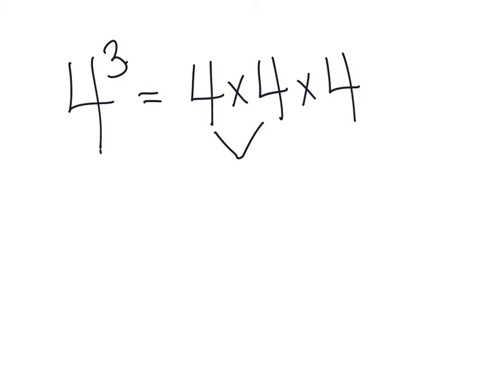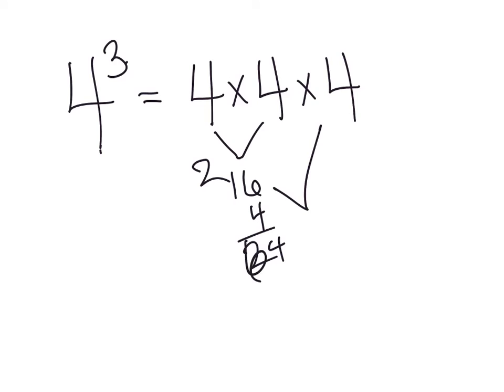Well, I know that 4 times 4 is 16. And multiply by another 4. Oops, let me erase this. I made a little mistake. It's going to be 64. So 4 to the third power equals 64.